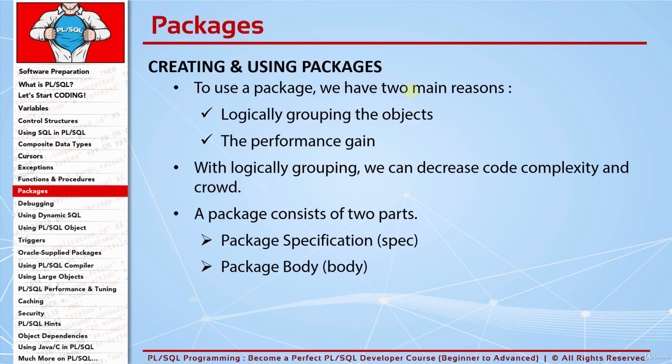But in packages, we grant our privilege to the entire package. So if you want to hide some data from other users while they have the privilege of the package, we need to find a solution. To handle this identifier problem, and of course there are some other reasons, you will see them too, Oracle divided a package into two parts.